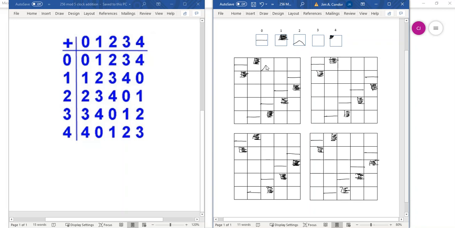So I got up, down. One, two, three. And then I need the twos down here.